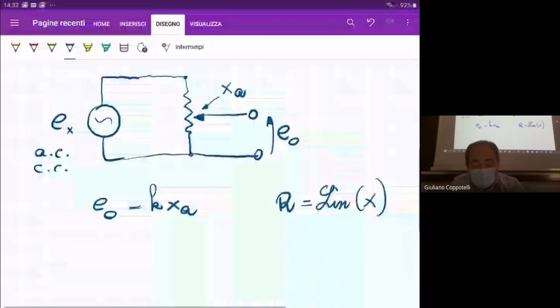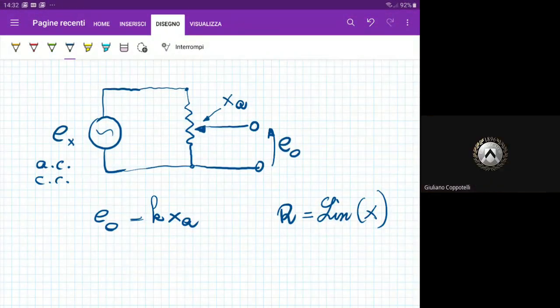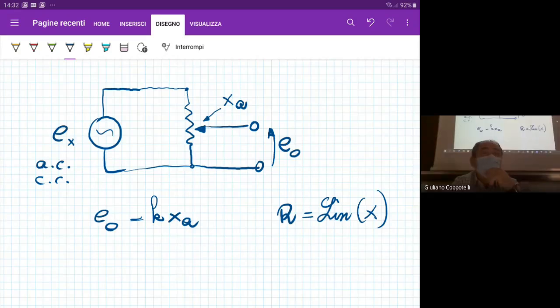Now, this circuit, although very interesting, is a theoretical one, because we need to know the output tension EO in order to have an estimate of the displacement. So in order to measure this output tension EO, you have to apply a measuring circuit.